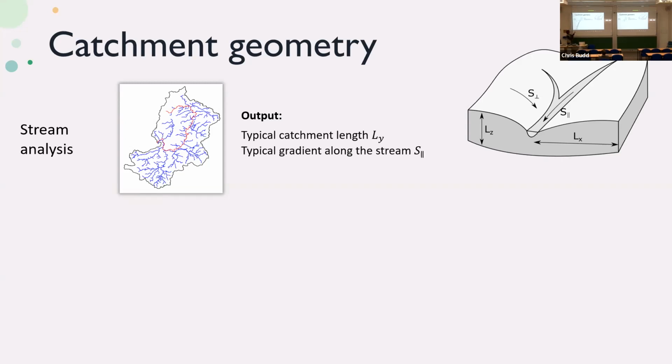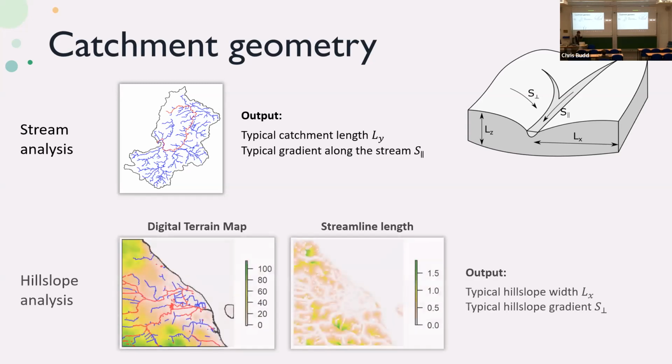And secondly, by having the data about all the streams and also having the elevation data from the Ordnance Survey, the so-called digital terrain model, we can also find the typical value of the slope along the river. Again, by using the digital terrain model, we can also find the typical valley width, so the typical distance between the rivers, by finding the streamlines going along the steepest descent direction until we reach the river.